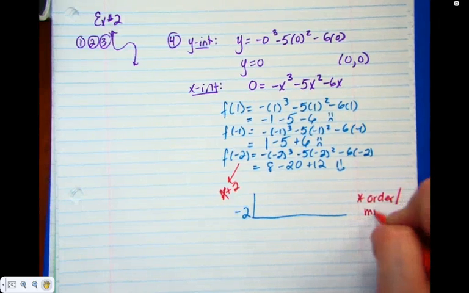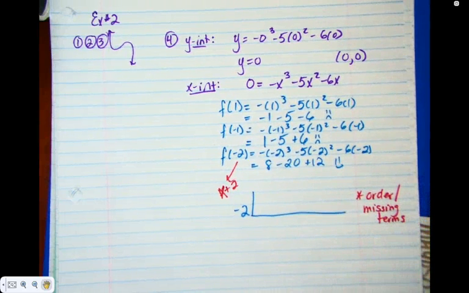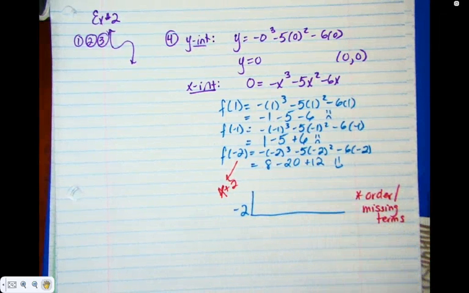Missing terms. So look back at the question. Are the terms in the right order? Are we missing anything? We're missing a constant, but does it matter if we're missing it at the end? It won't matter. It's only if you're missing stuff in between. Again, you could put a 0 for a constant. It won't change the question. It's just one extra step.